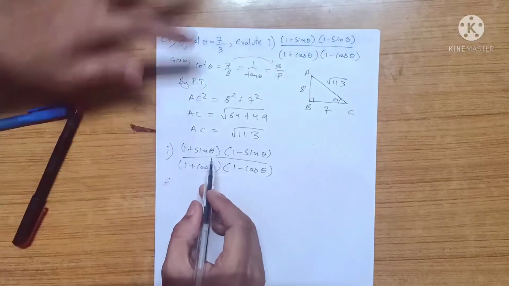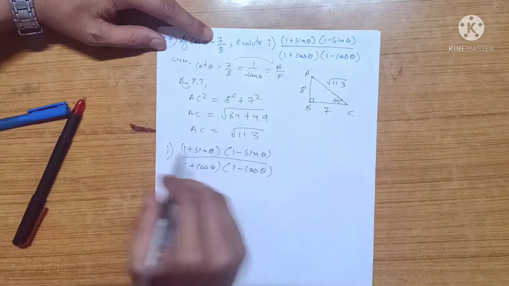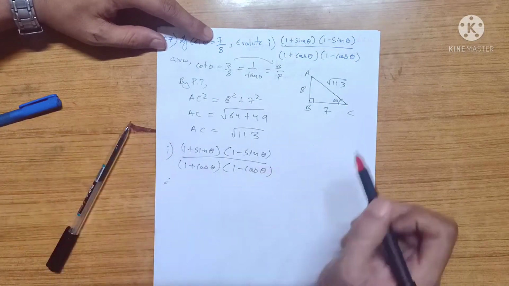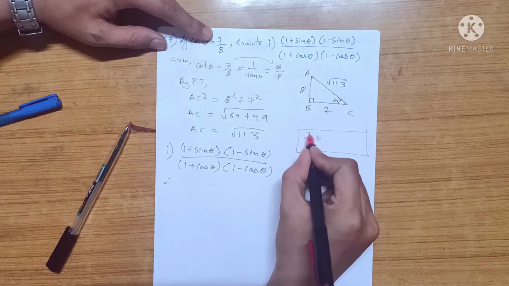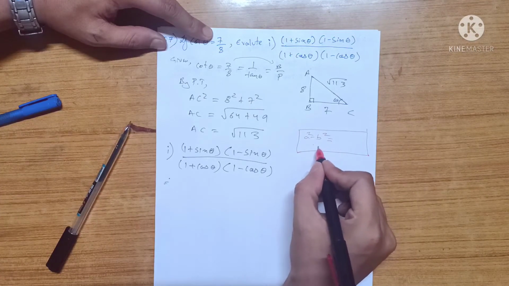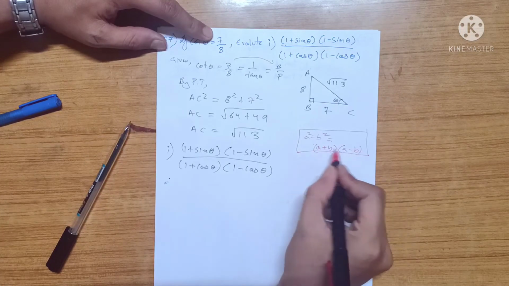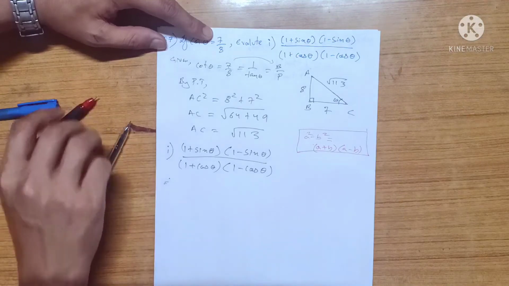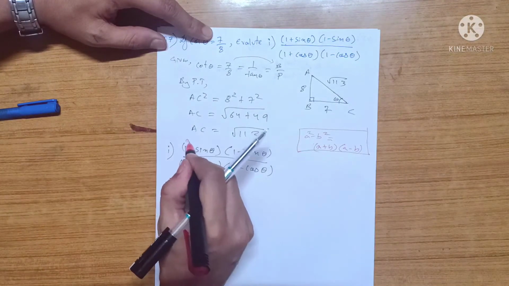So if we apply algebra here, a plus b into a minus b is what? Let me write the formula here, because some of you might have forgotten it. It's one of the most used formulas. a plus b into a minus b is equal to a square minus b square. In this case, we can apply that formula, taking this as a and this as b.